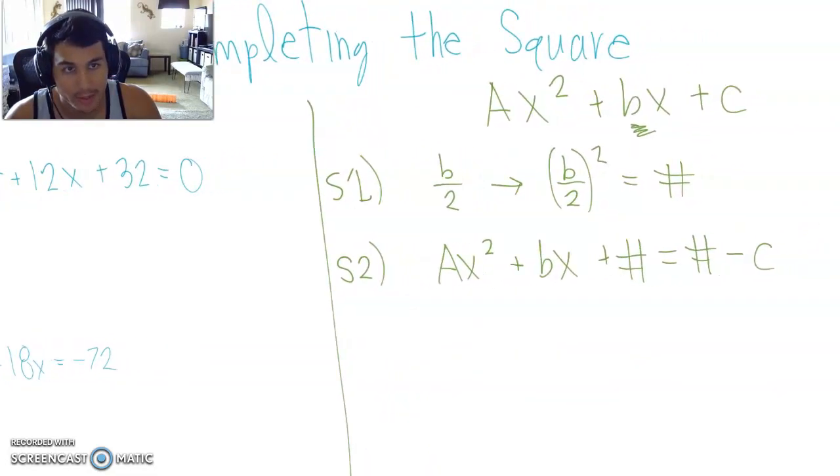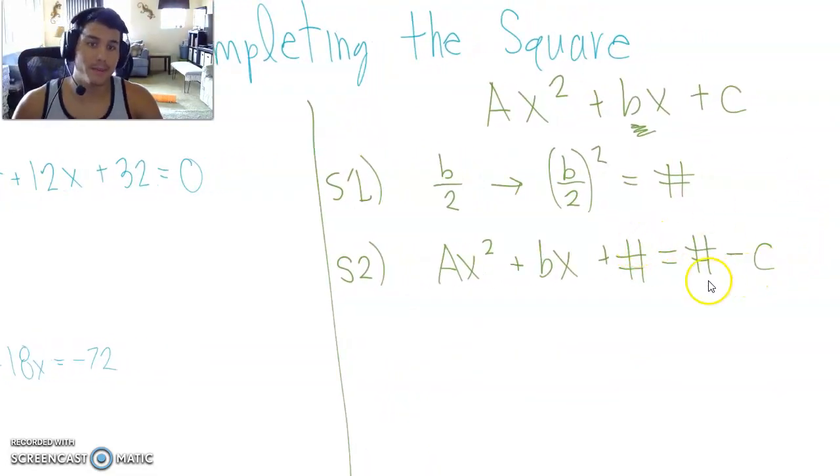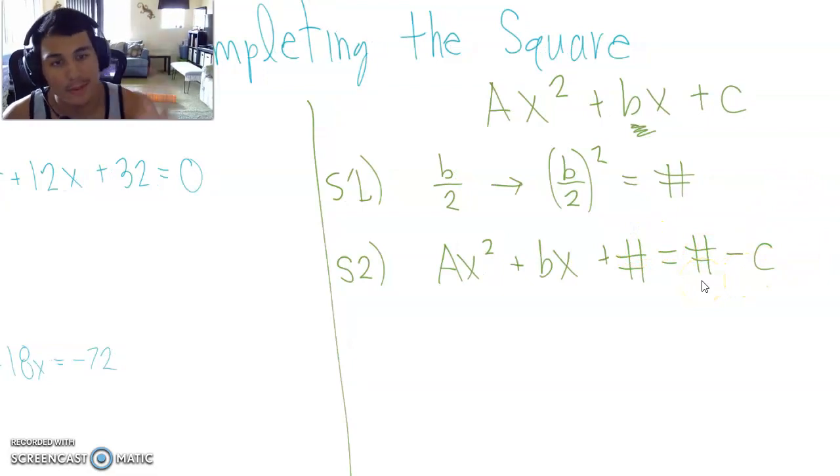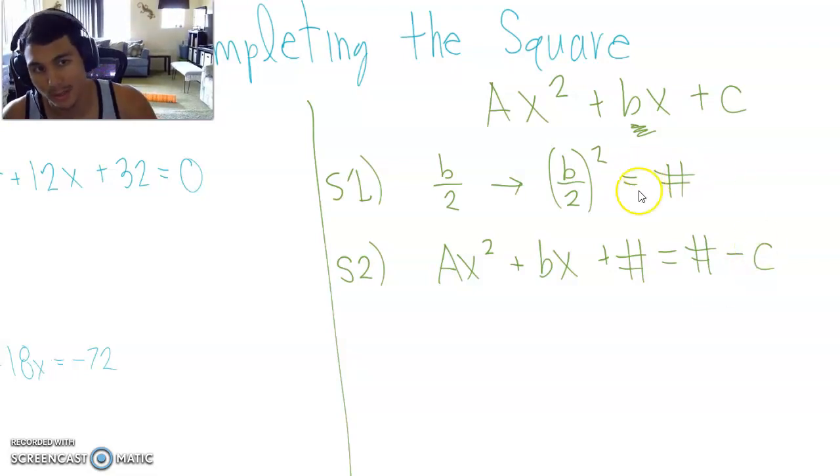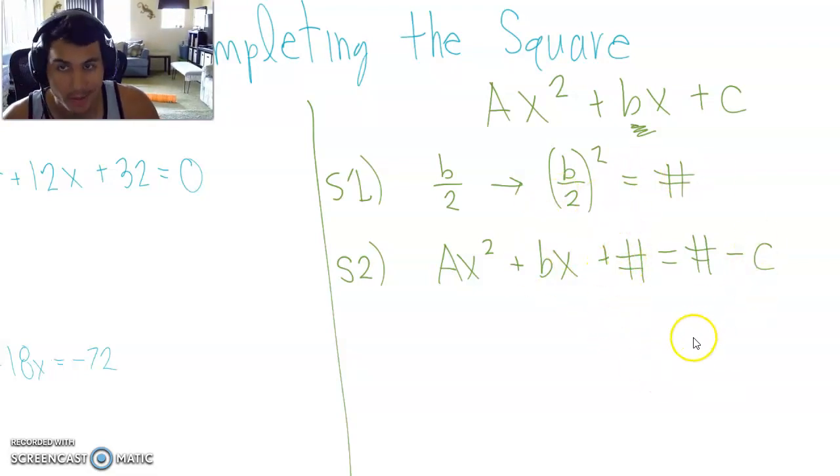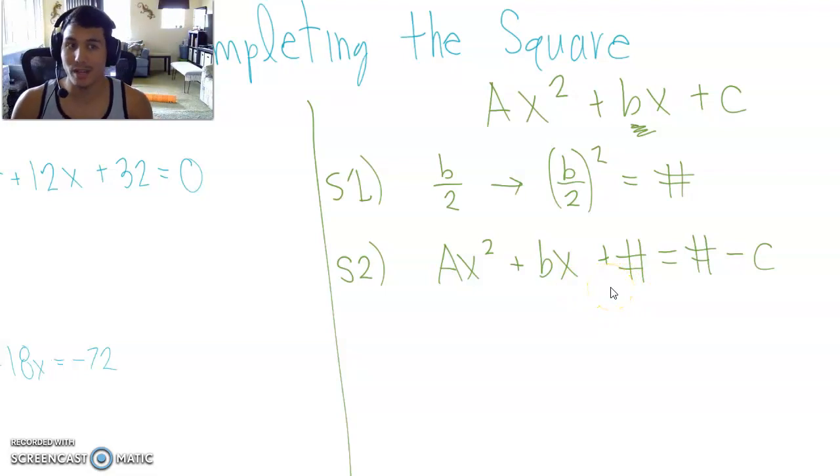You're like, oh, didn't you change the value of the equation? No, I didn't. I added a number on one side, added a number on the other side. So if I was to minus this number on this side and minus that number on this side, 0. All you did is actually add 0. And if you add 0, you did nothing, right? So that's all it really is.